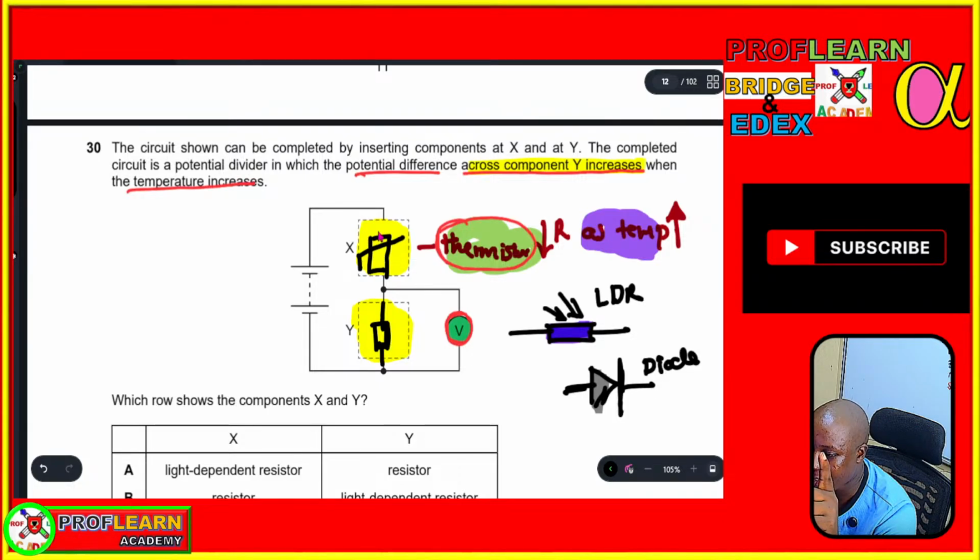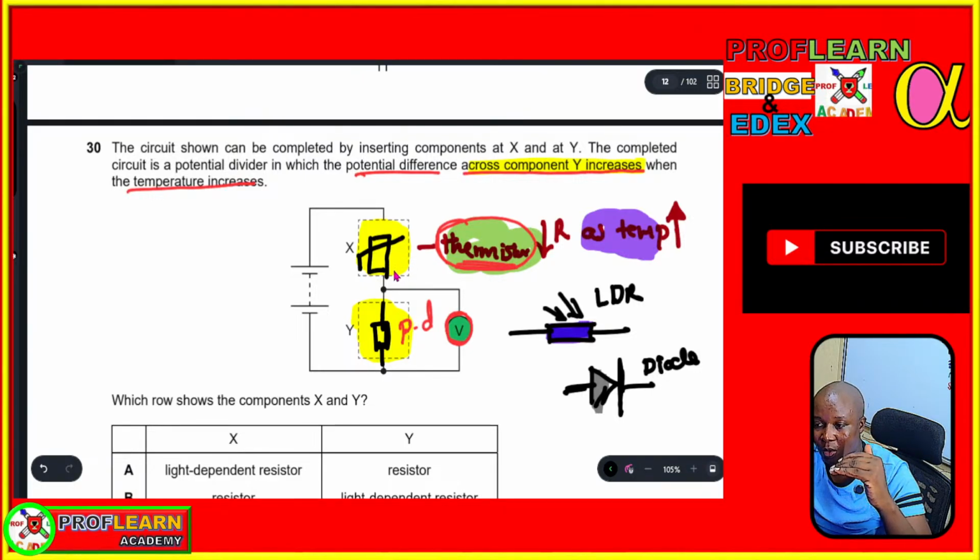So when a thermistor is placed here, when temperature increases, its resistance decreases. So if resistance decreases in this section, we are going to have a smaller potential drop here. There will be a larger PD here, because there will be less PD in the thermistor when there is high temperature. So we are going to fix a thermistor so that when temperature increases, resistance will go down.